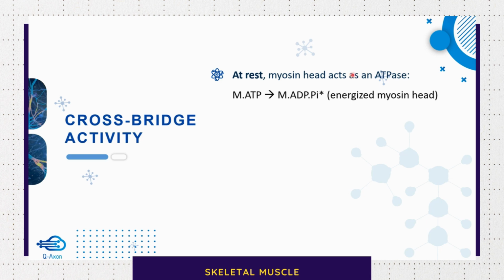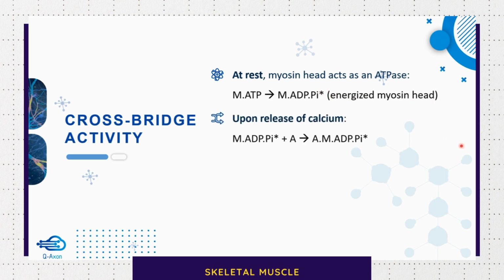So ATP is already bound to the myosin head. Now the myosin head acts as an ATPase, so it breaks down the ATP into ADP and Pi. Now this energy remains stored in the myosin head, so we call this the energized myosin head, and this is represented by the star.